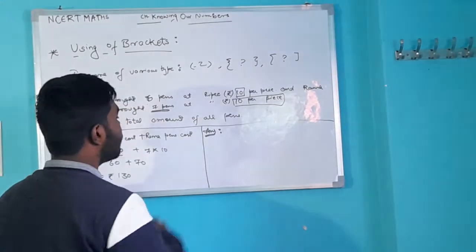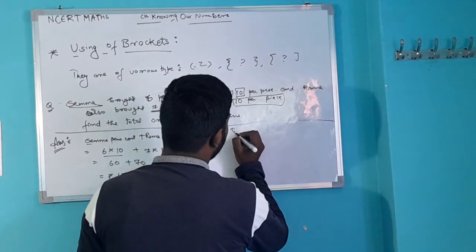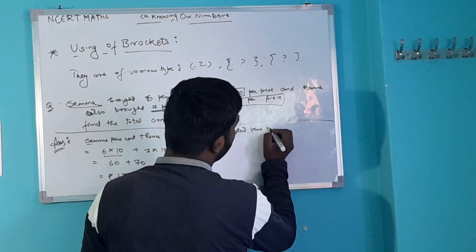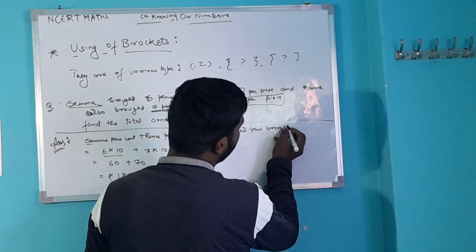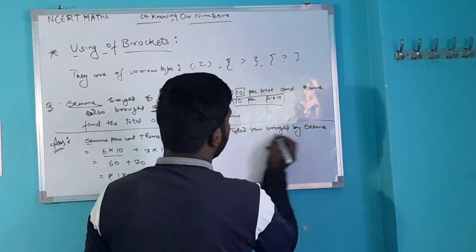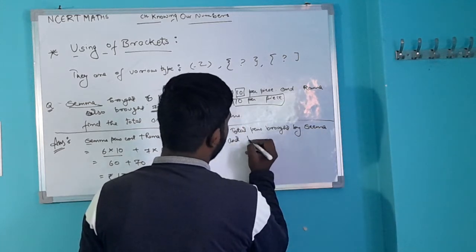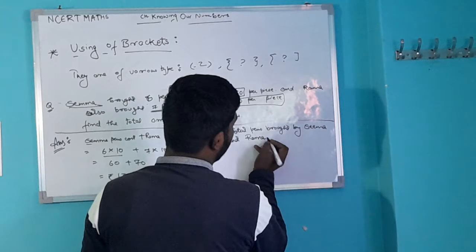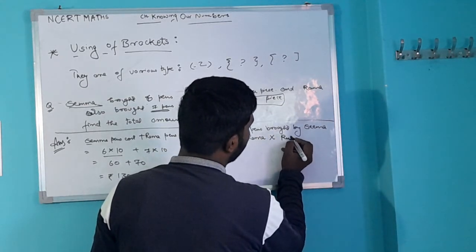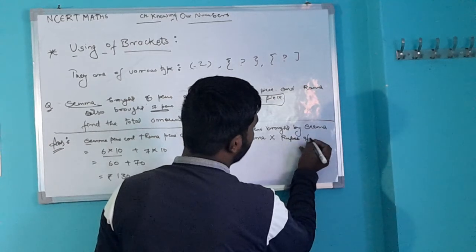In the second method, we solve it as the total pens brought by Seema and Rama, into the rupee per pen.